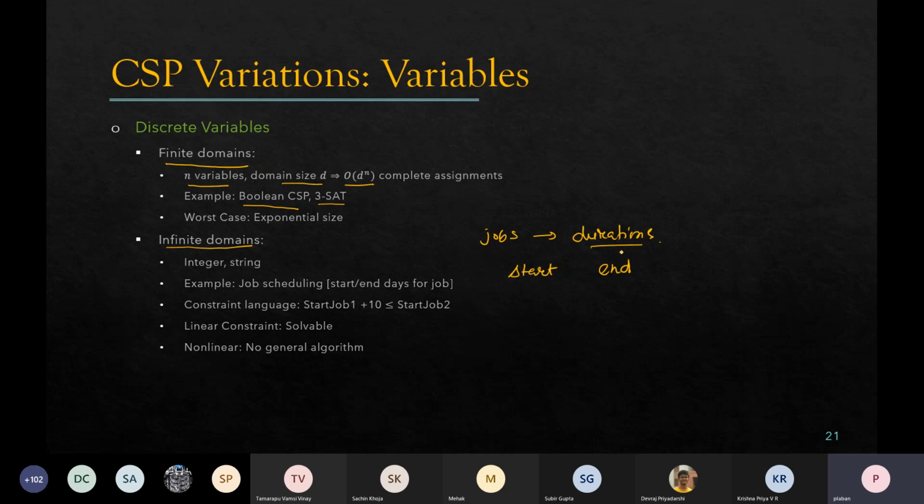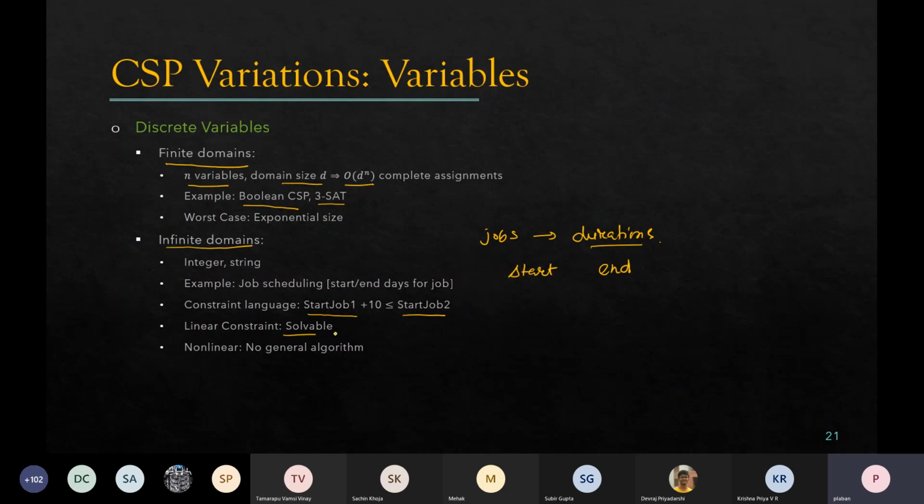Now, in order to capture this kind of problem, we need to have a constraint language which will look like this. So for example, we want that job two should not start more than 10 days after starting job one, right? So that is the kind of constraint that we are putting.